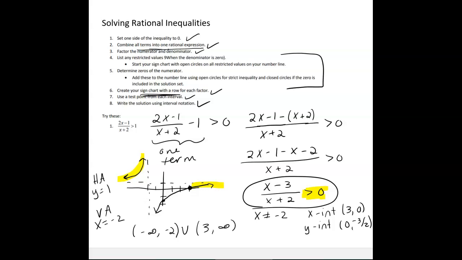And you have to think about your restrictions. Okay, so remember that was our vertical asymptotes that we were talking about. We restricted our graph on vertical asymptotes. And you also want to think about your x-intercepts, and that's where the function is set equal to 0.